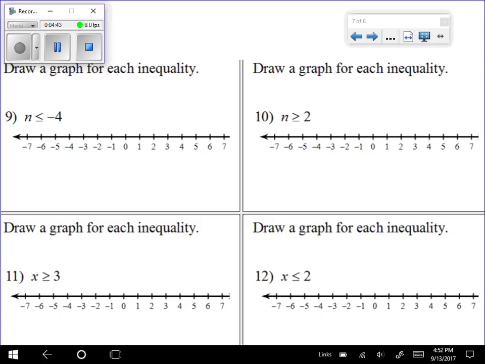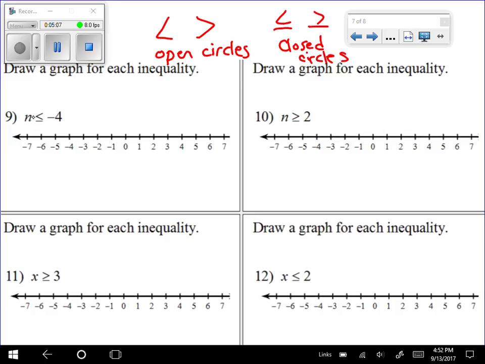So n ≤ -4. A few things we need to remember. When we're talking about less than or greater than, we have open circles on a graph. When we're talking about less than or equal to or greater than or equal to, we have closed circles. That's one of the first things that we have to figure out.